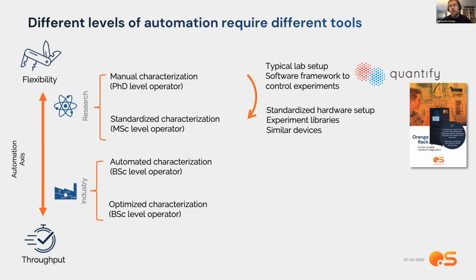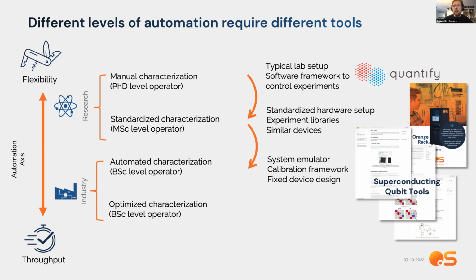Then once you go beyond that, you want to have a standardized hardware setup, standard experiment libraries. But the constraint is that it only works for similar devices. You can only make this for one kind of device, because you're trading off flexibility. Going to the automated stage, it's to some extent no longer possible to do this if you have only the hardware system, simply because it's always in use.